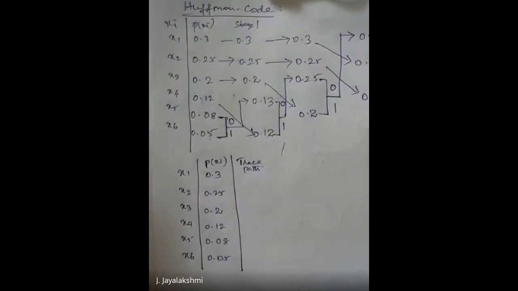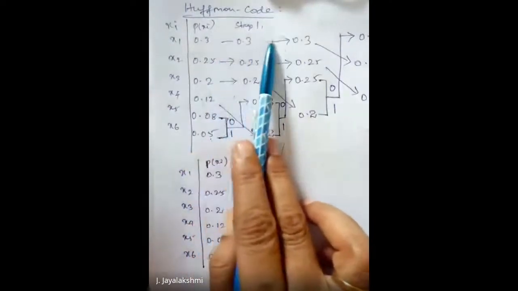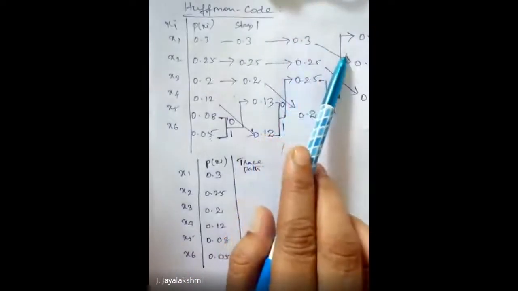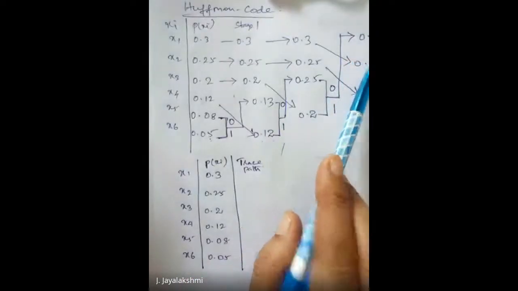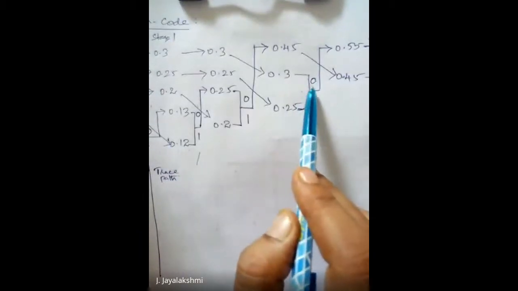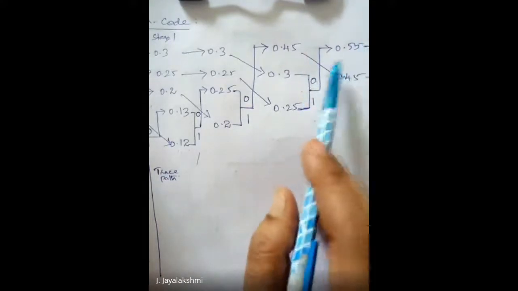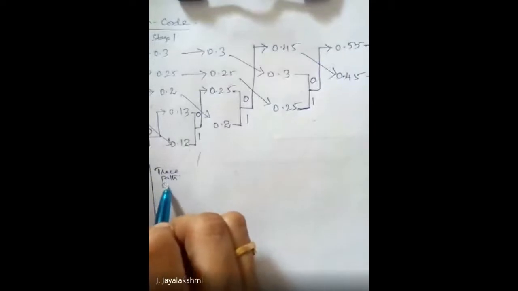Tracing the path is, where is 0.3? Starting from 0.3, this is the path, and here it goes, and the path of 0.3 ends with 0.55. So here 0.3 has been assigned one 0 value, and this ends up with 0.55 with another 0 value. So here the trace path is 0, 0 for 0.3.